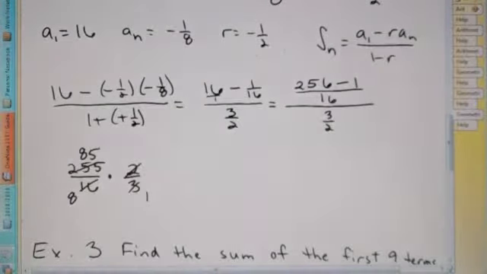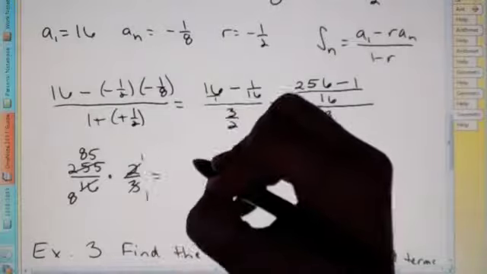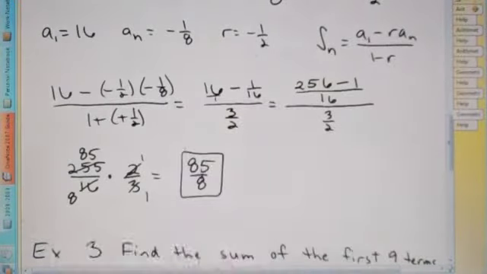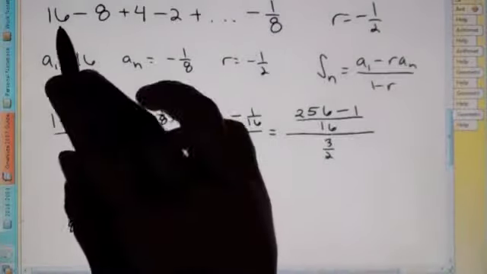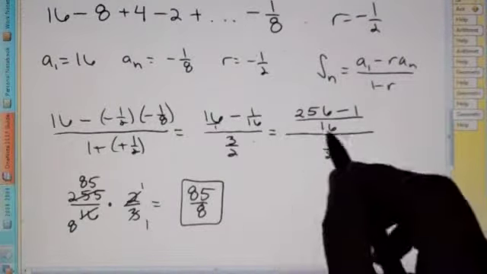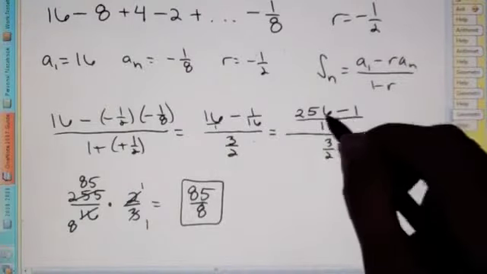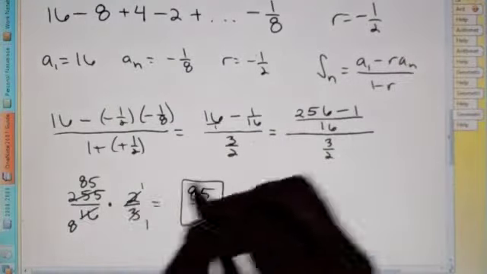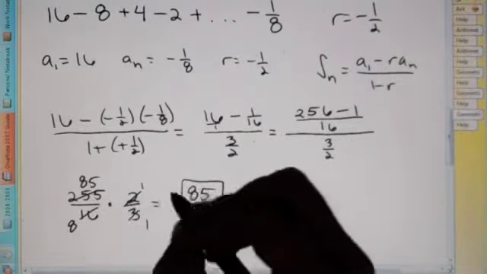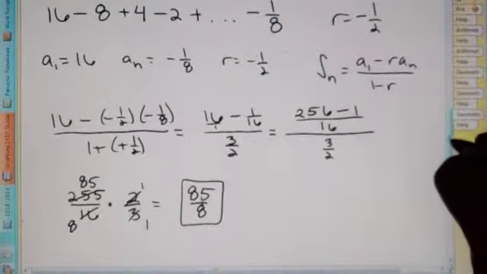Okay, so now we're left with 85 over 8. And that would be our final answer. So that is what we get if you were to take these terms and add them all up. We get 85 over 8. Again, find that common denominator up in the numerator. And then we could change this into multiplication by flipping the bottom fraction, making it 2/3. We reduce, and we get 85 over 8.